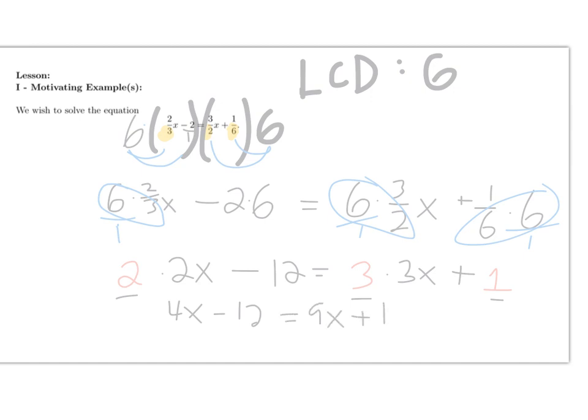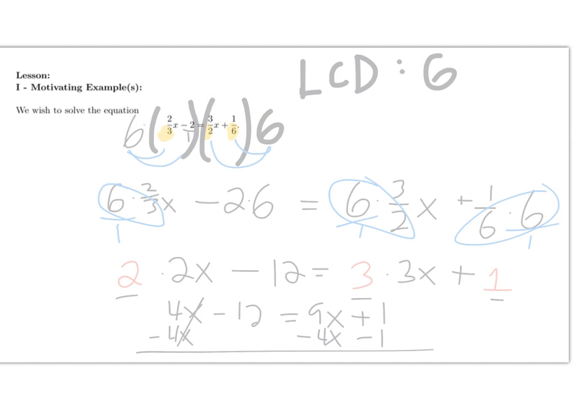And now we just have a normal looking linear equation without any fractions. So from here, we can just isolate x, meaning the inverse of positive 4x is negative 4x. So we can subtract 4x from both sides. If we bring our x's to the right, we'll bring our numbers to the left.